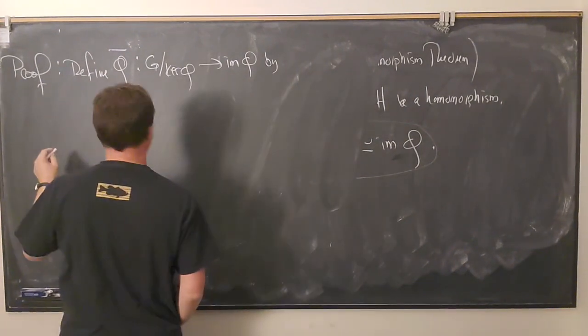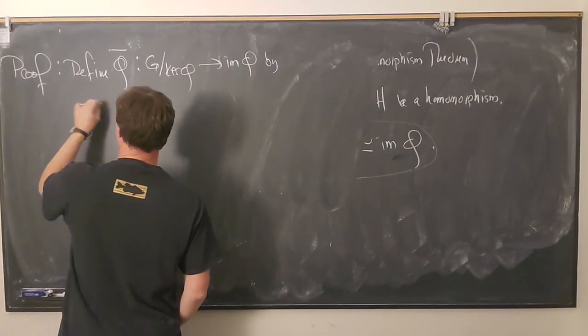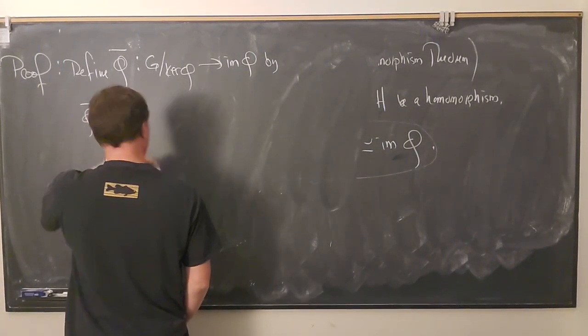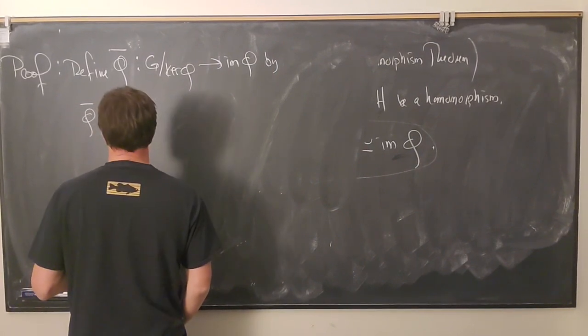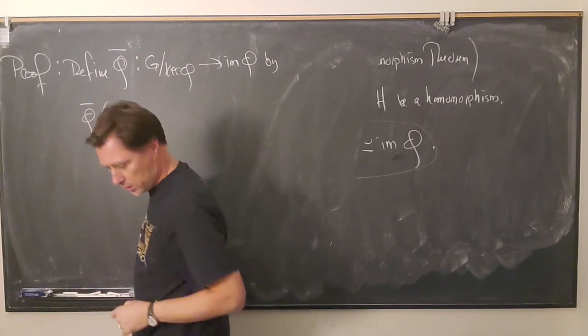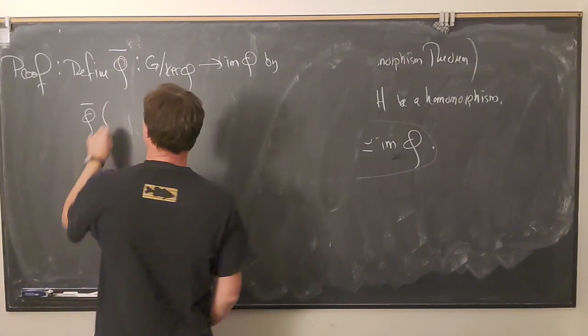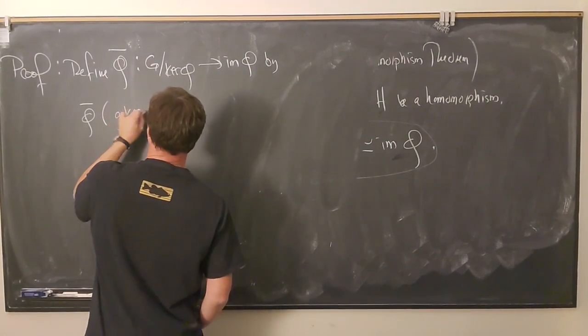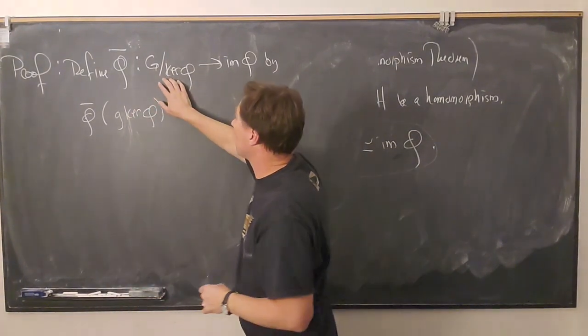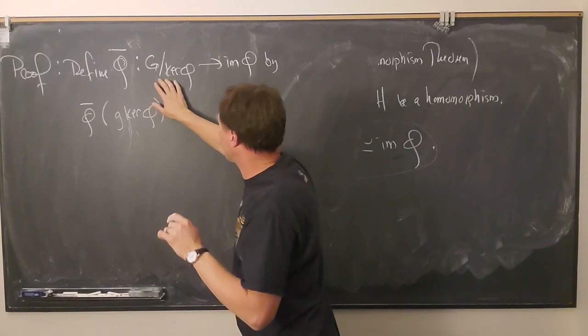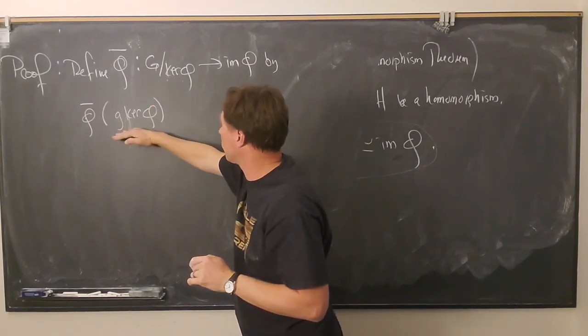And so what are we going to have? Phi bar of a coset. The coset will be something of the form, what symbol do I want to use here? I guess just little g, little g times kernel of phi. Those are the elements inside the domain. They're left cosets of this form.